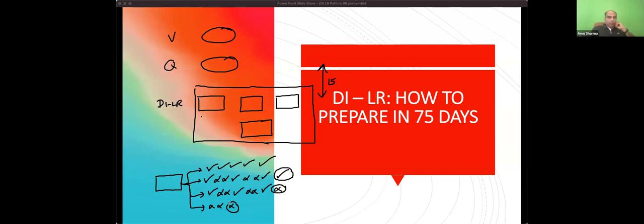Obviously, the first one is the most sought after, this is what you're trying to look for, but your DILR section outcome essentially depends on whether you're able to convert the sets in which you get stuck in between, where you have to push yourself beyond the boundaries to get through the set.